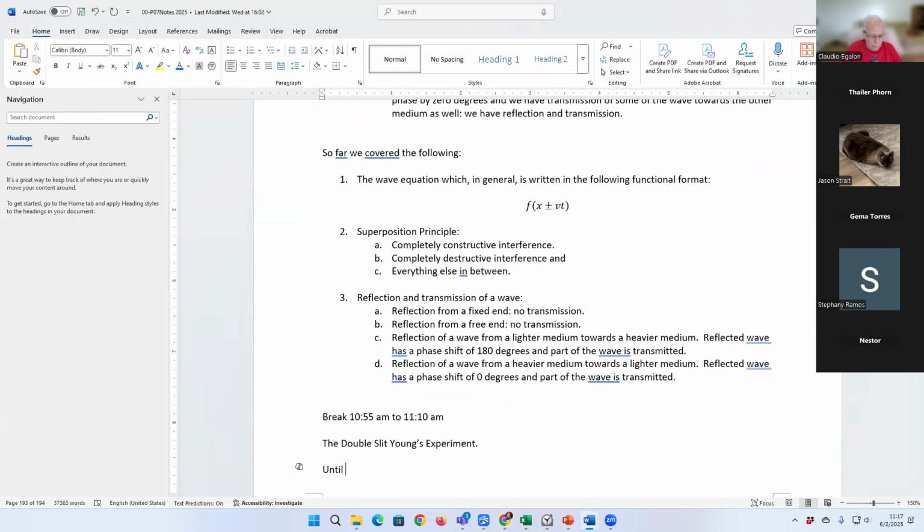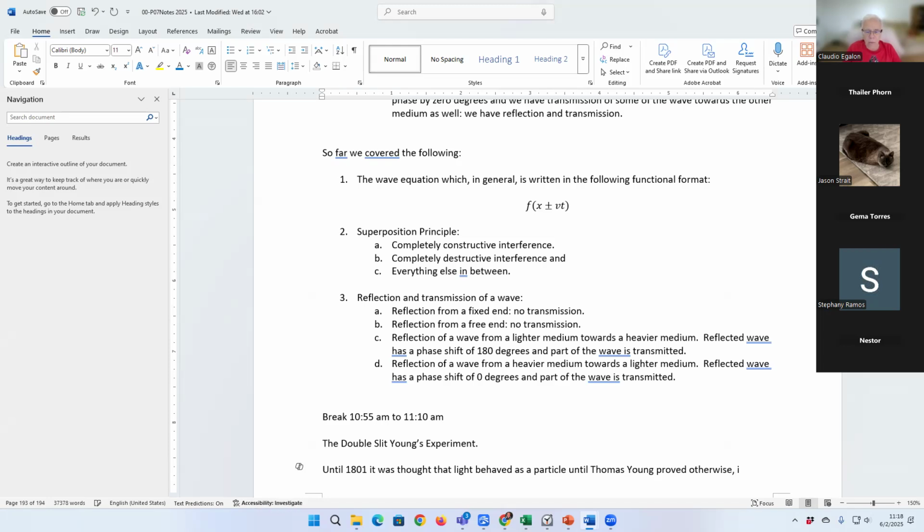Until 1801, it was thought that light behaved as a particle. Until Thomas Young proved otherwise.